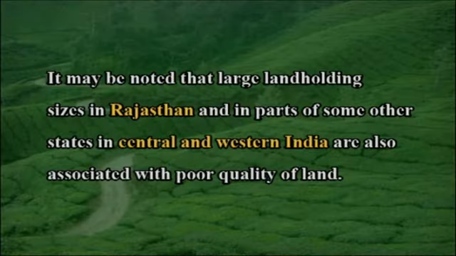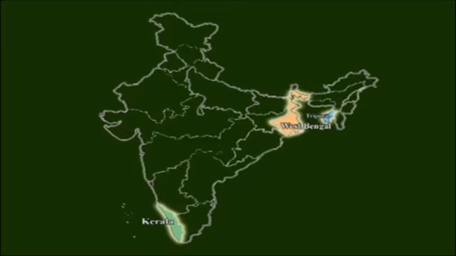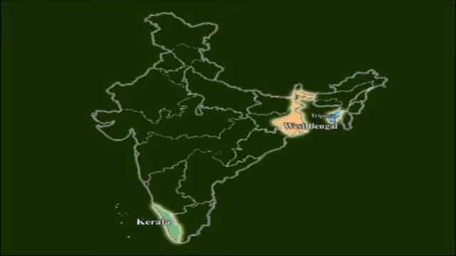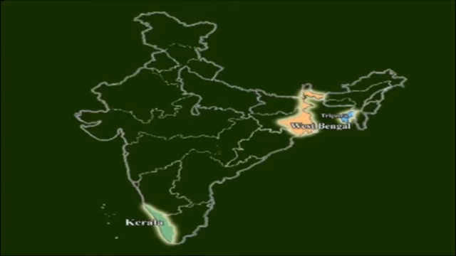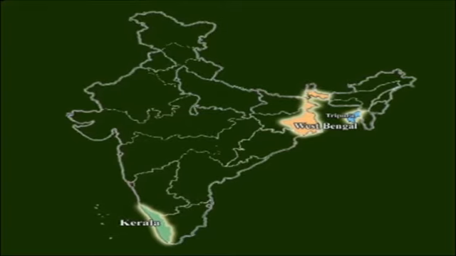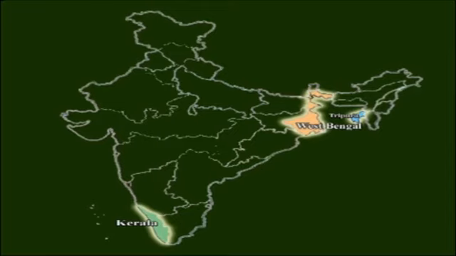It may be noted that large land holding sizes in Rajasthan and parts of some other states in central and western India are also associated with poor quality of land. In contrast, in Kerala, West Bengal and Tripura, 3 states where substantial land reforms have been implemented, a very small amount of land is now under large holdings.